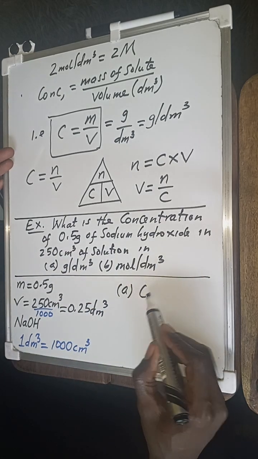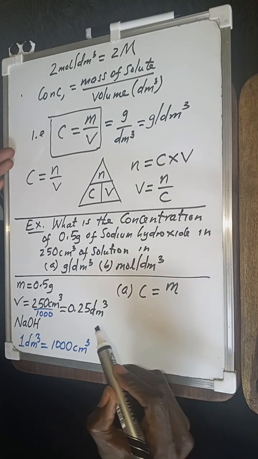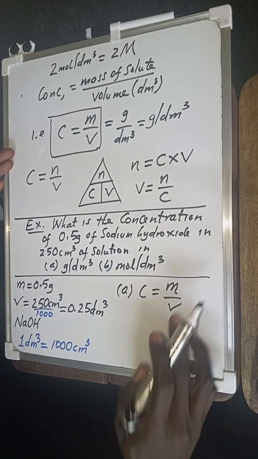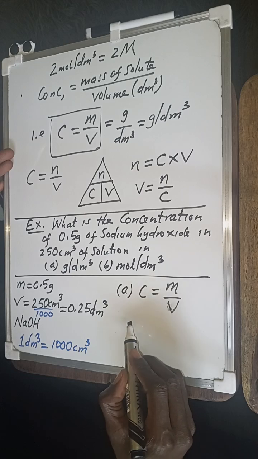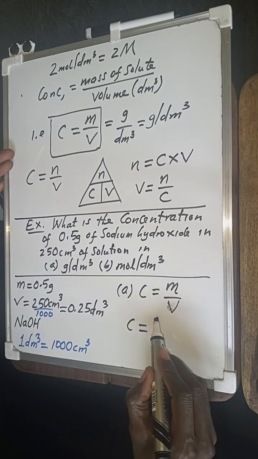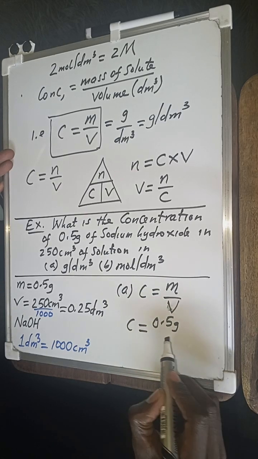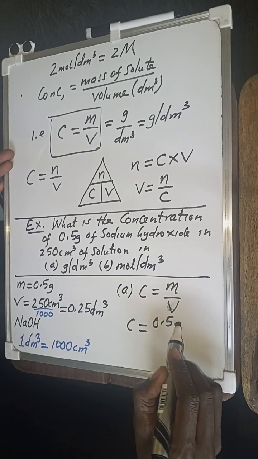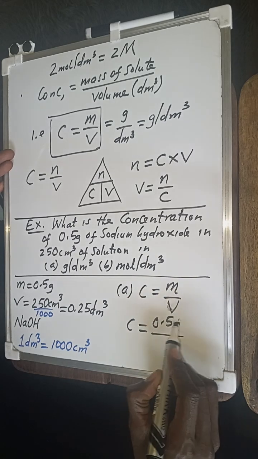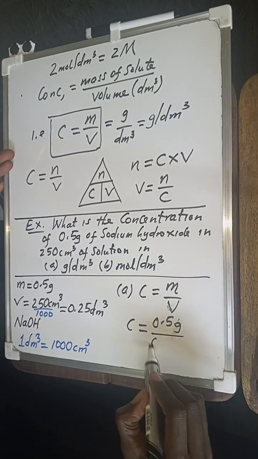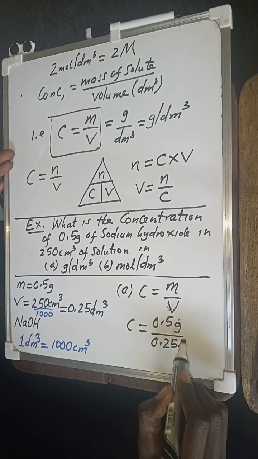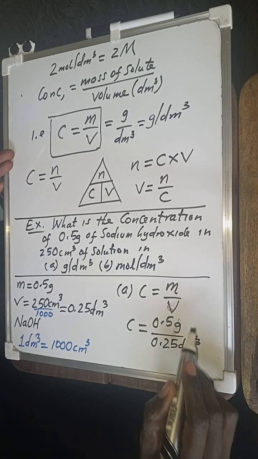So we just need concentration is equal to the mass divided by the volume. So the concentration will be the mass, which is simply 0.5 grams, divided in this case by the volume, which is 0.25, that is in cubic decimeter.